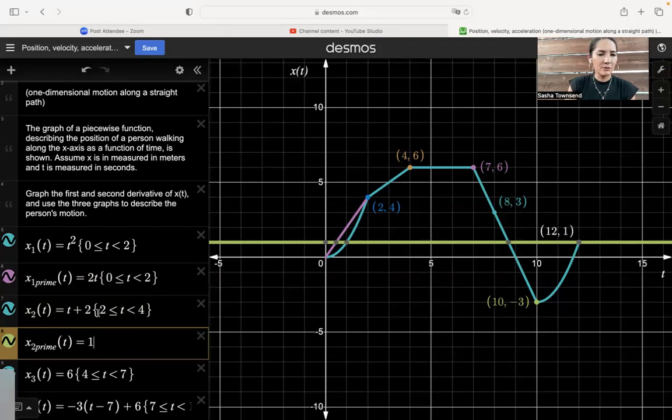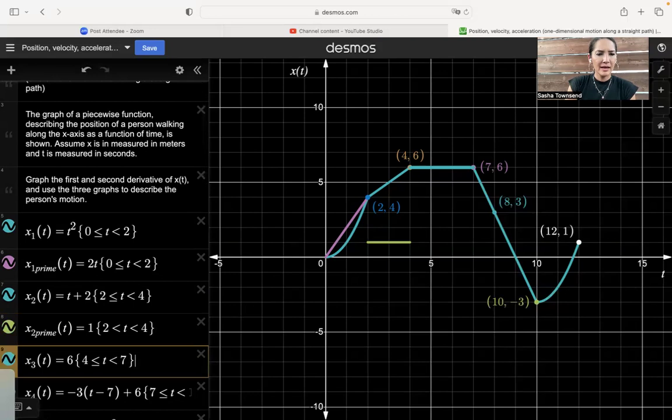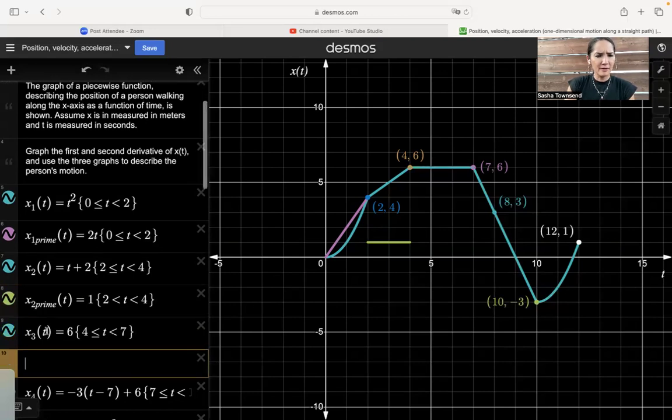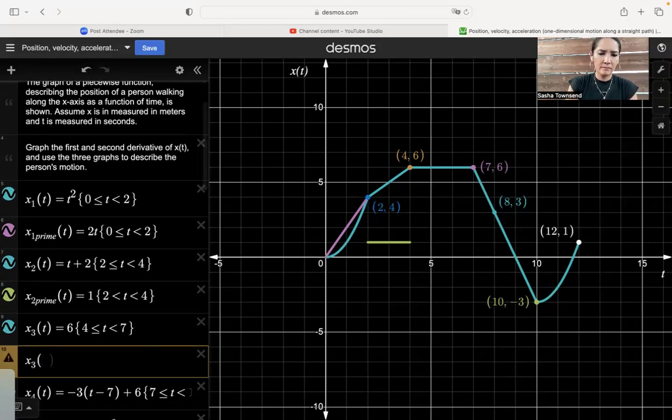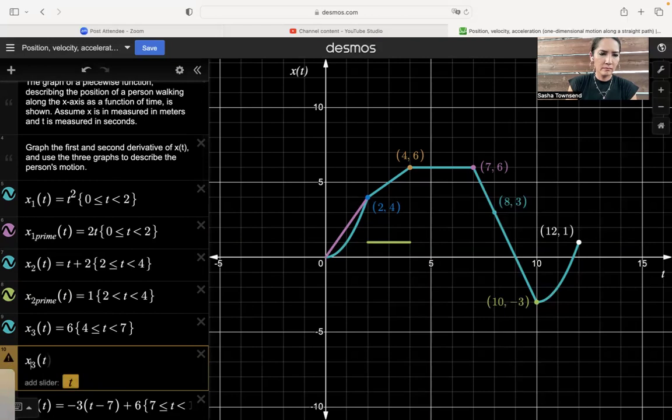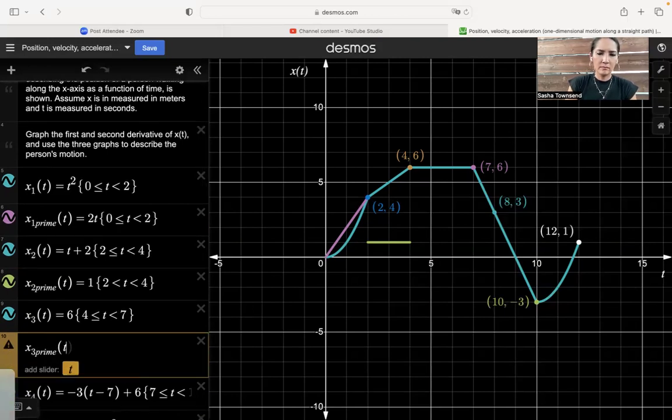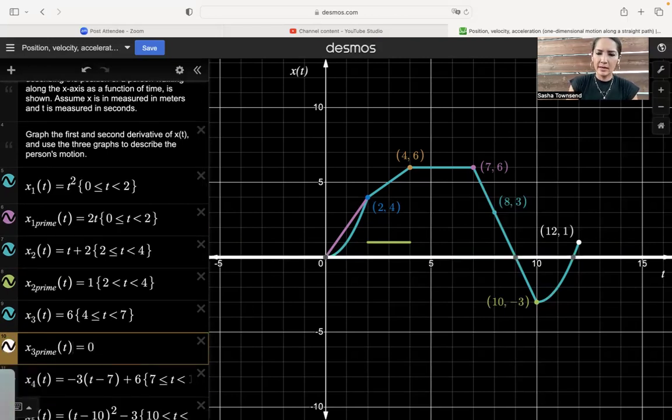But the derivative of t plus 1 with respect to t is just 1. And again, that's just on the interval from 2 to 4. So I'll graph that. And then the derivative of the third piece is 0. And that's on the interval from 4 to 7.